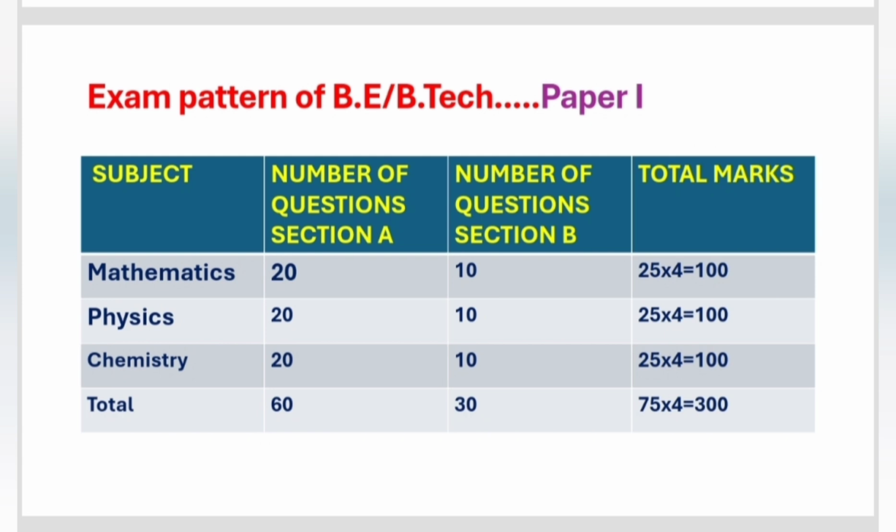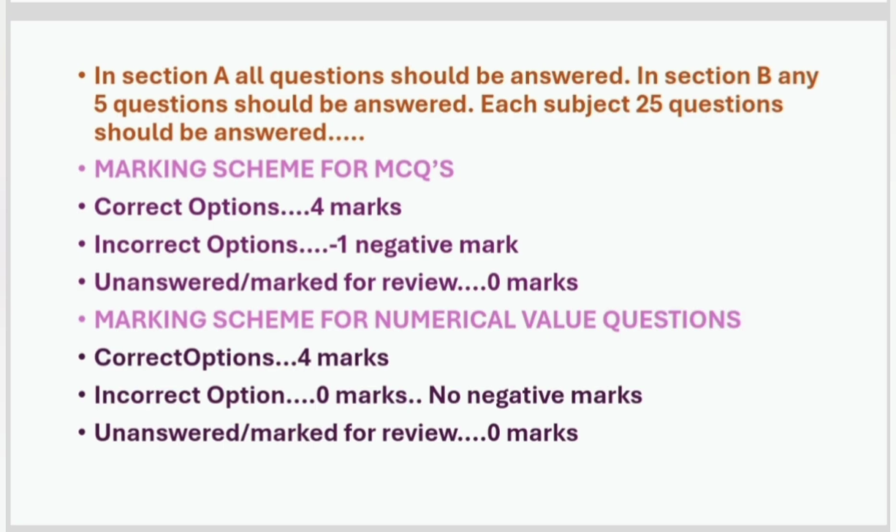In this way, from every subject you have to attempt 25 questions out of 30, so 25 into 4 marks, and with 3 subjects you will have a total of 300 marks. As I said, in Section A all questions should be answered, and in Section B any 5 should be answered out of 10 questions.